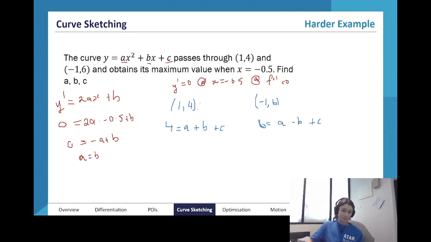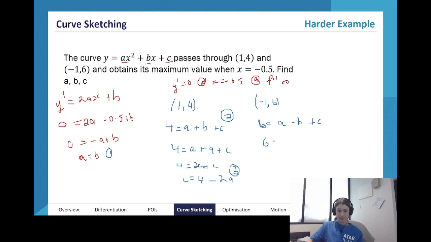So we know that a and b are equal. We can sub these two in together to get 4 equals a, we're going to sub a equals b, which is going to give us a plus c. So 4 is equal to 2a plus c. Therefore, c is going to be equal to 4 minus 2a. We can sub equations 1 and 3 into this one over here.